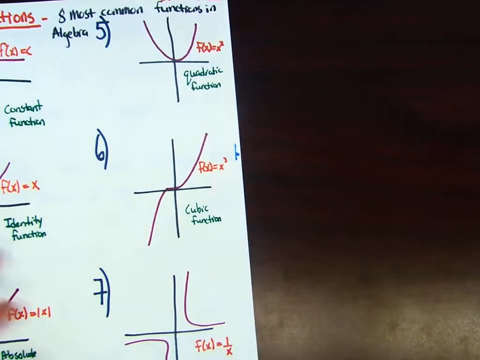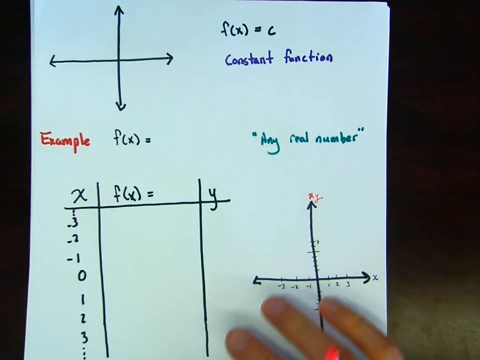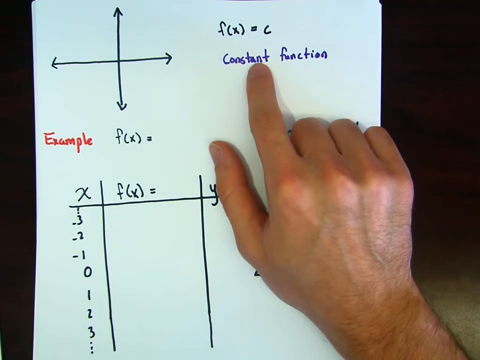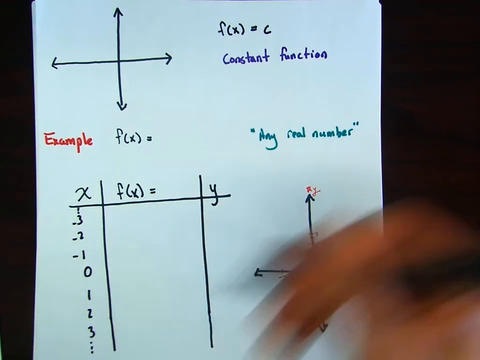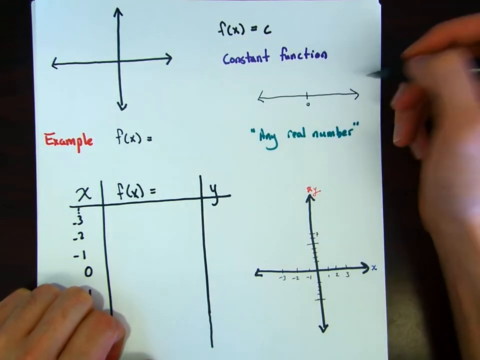Let's just look at a constant function. It's really not that bad. Take a second and have this in your notes. If I have, let's say, f of x equals c, so c is any real number. Think of any number on the number line. If this is 0, what's your favorite number?